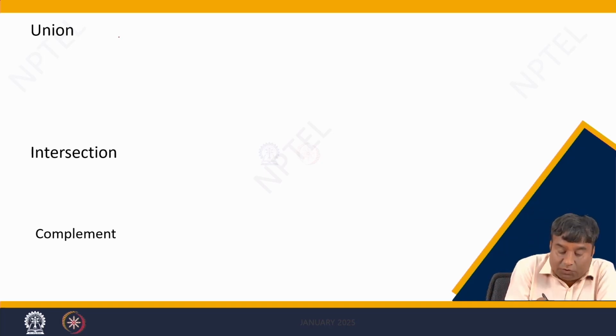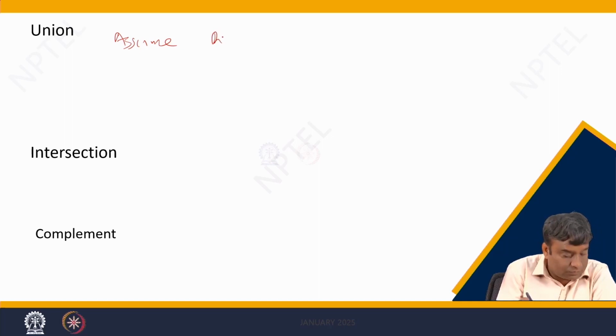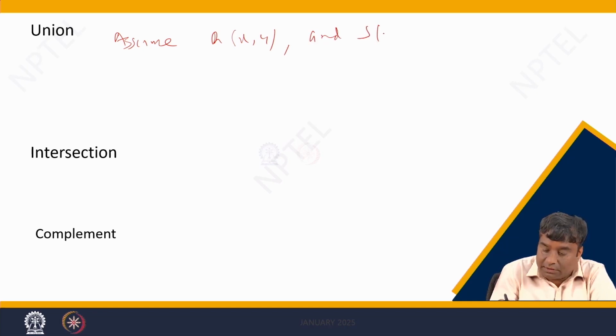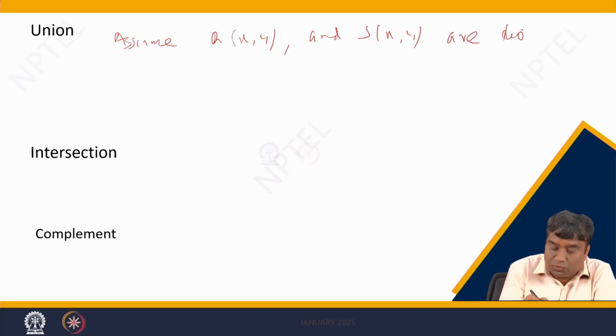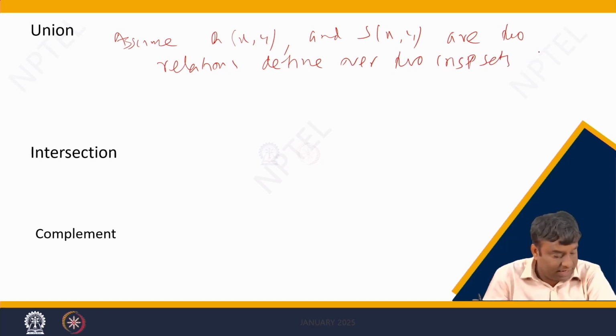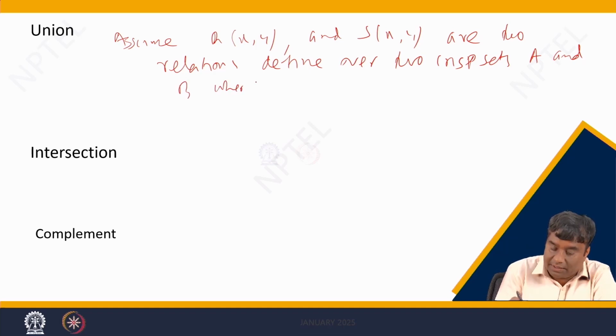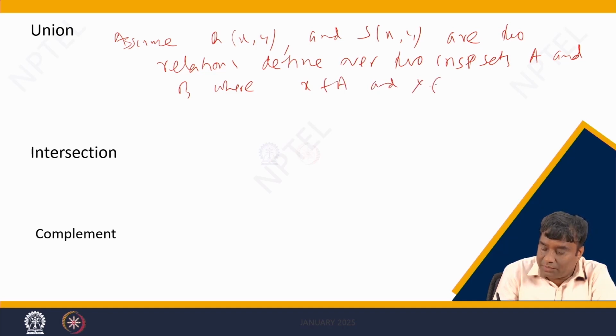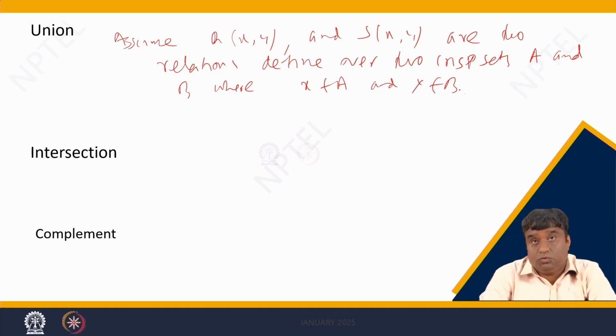So assume R(x,y) and S(x,y) are two relations defined over two crisp sets A and B, where x belongs to A and y belongs to B. So we have defined two crisp relations.